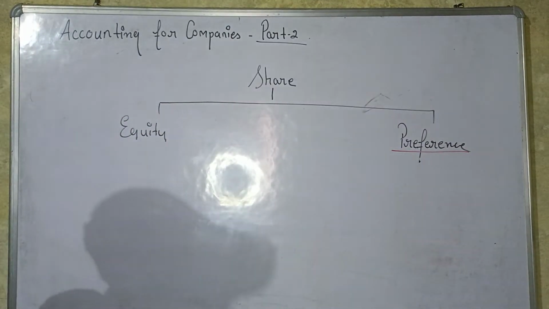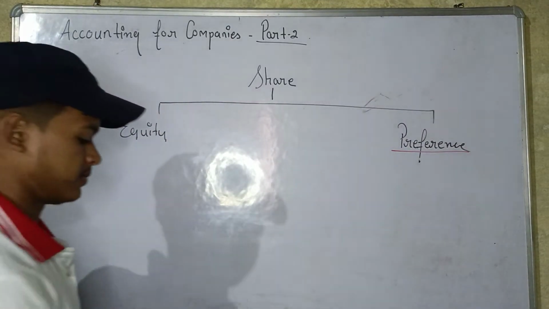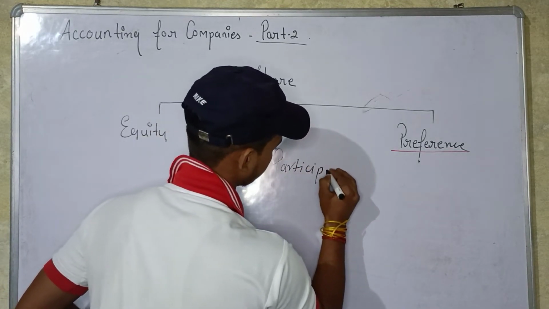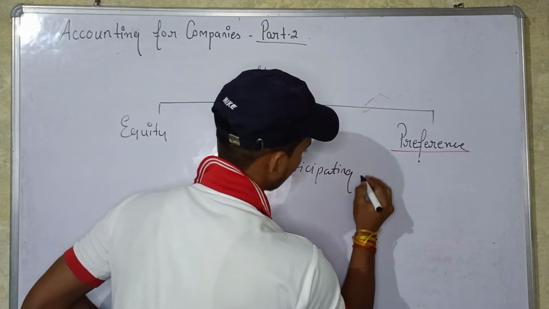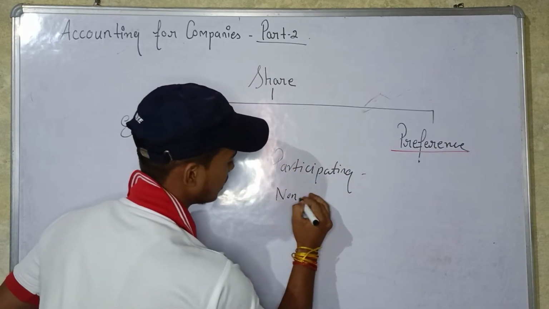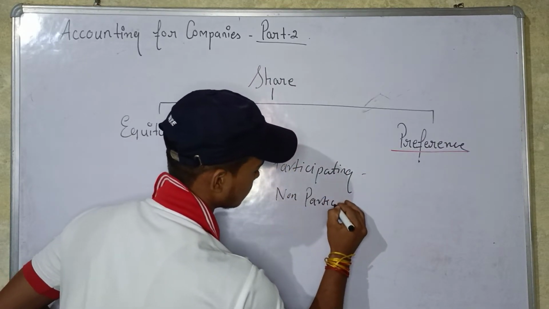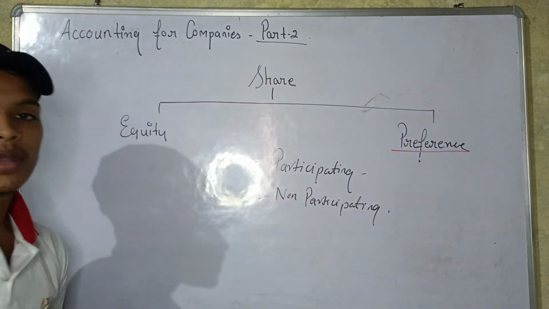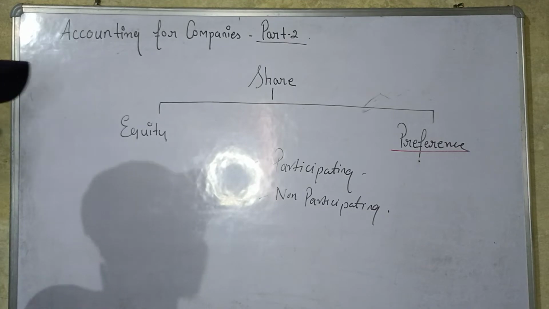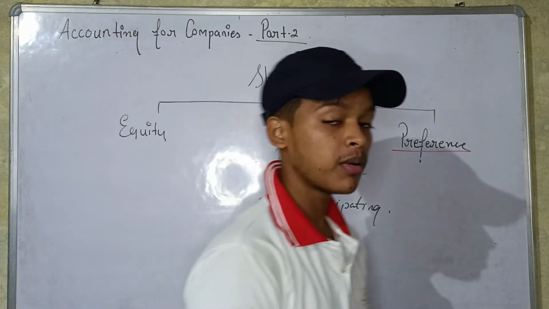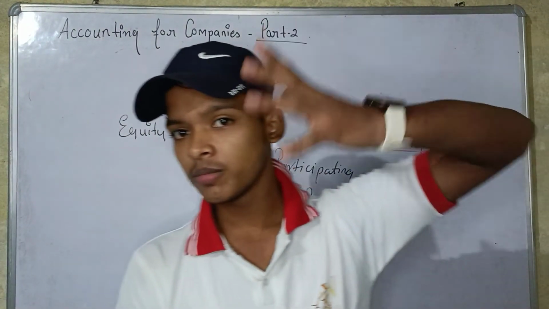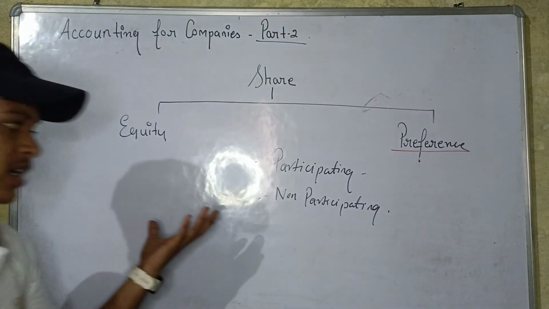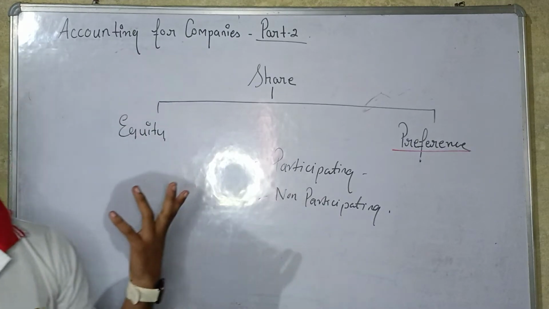Another is participating and non-participating. What will happen in participating and non-participating? When the company issues preference shares, I will purchase the shares and I will get either participating or non-participating. If participating, what will happen?